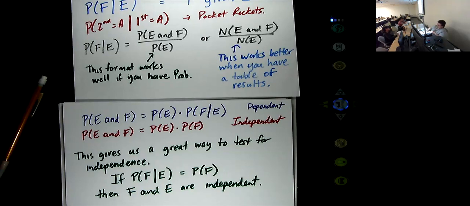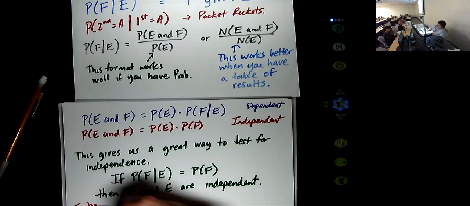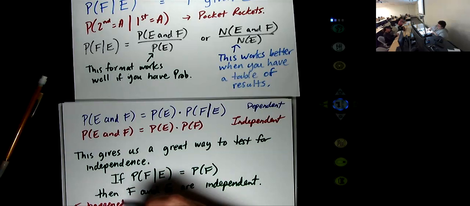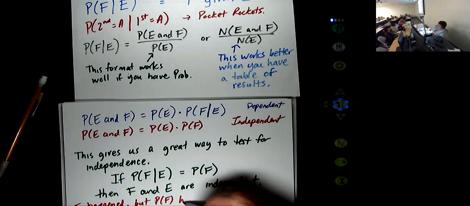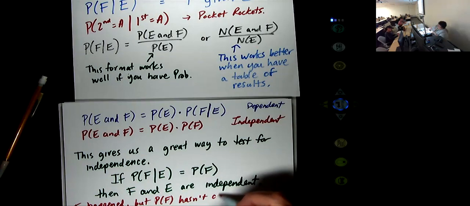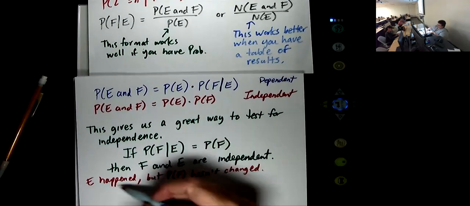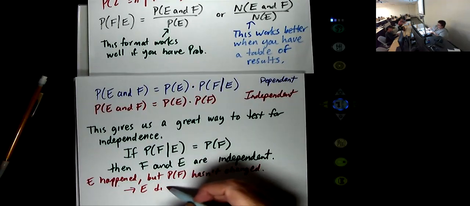This is like saying E happened, but the probability of F hasn't changed, which means E didn't affect F.